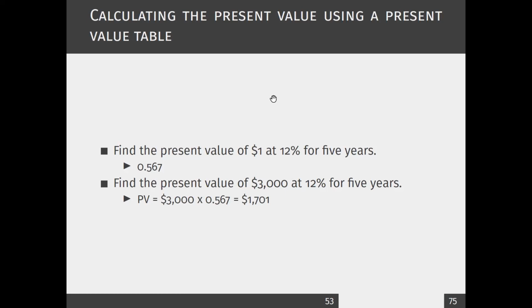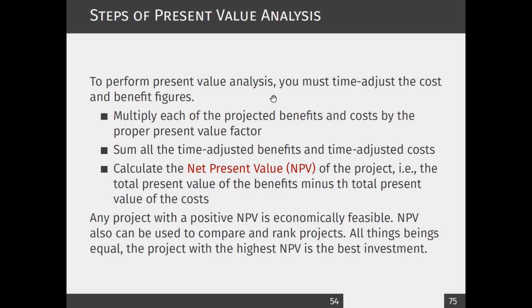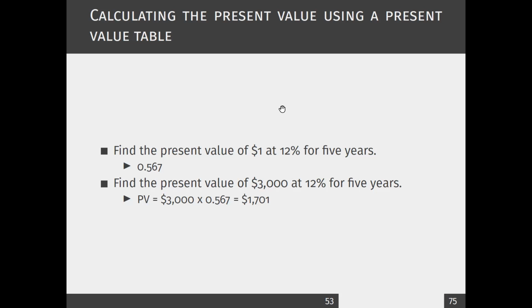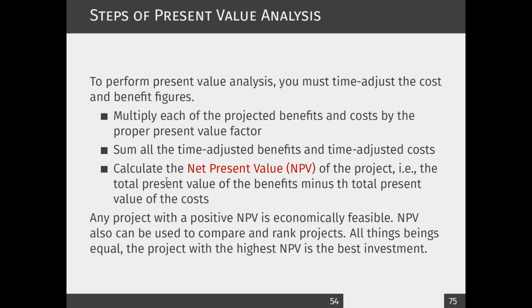Right. Okay, how are we going to do this? We have now discussed that, given a dollar amount, a time and an interest rate, we can find the net present value for today. We find the project benefits and costs and multiply them by the factors, then sum all the time-adjusted benefits and time-adjusted costs.